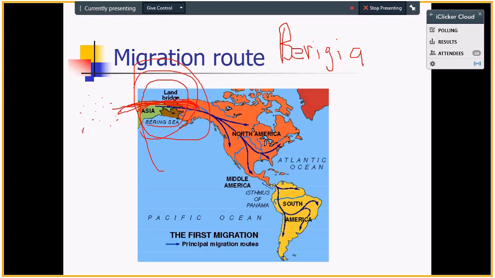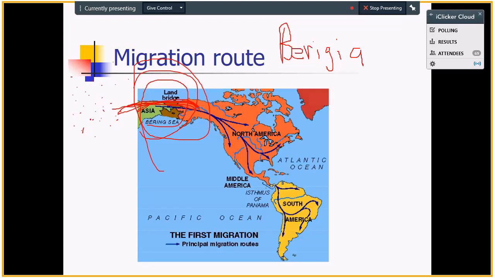And it was no big deal. They'd follow the animals that they hunted. The animals would turn around and go the other direction. The humans would turn around and follow them. And so there was this pattern of multiple migrations over long periods of time. Then you've also got a whole bunch of these different groups originating in different places across Eastern Asia.